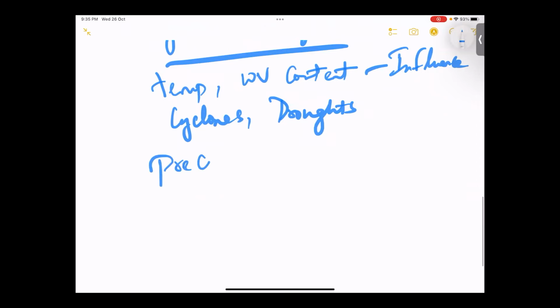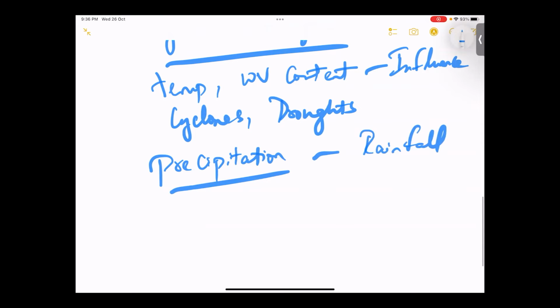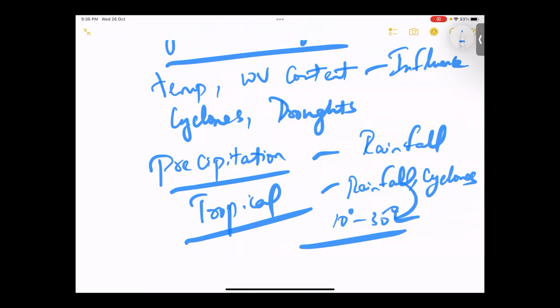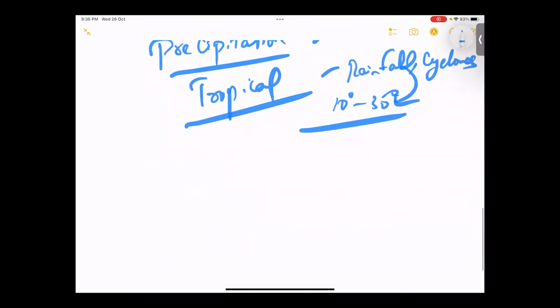Because they influence the precipitation. So they influence the rainfall, and hence they can influence the cyclones and droughts, especially the tropical air masses, which have greater say in the rainfall. And as we have seen, cyclones are also basically confined to 10 degrees to 30 degrees. Hence cyclones also depend on the air masses, and thereby also the drought.